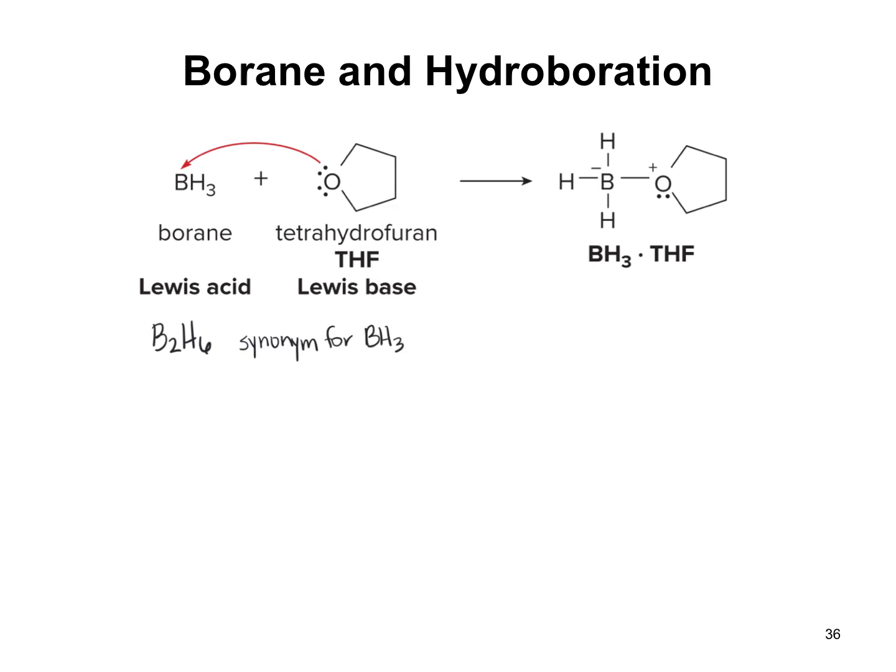Boron is a really strong Lewis acid that reacts with a Lewis base. And so for ease of handling in the laboratory, it's really common that it's complexed with tetrahydrofuran, THF, which is a common solvent. And so you end up with this as your reactive species.